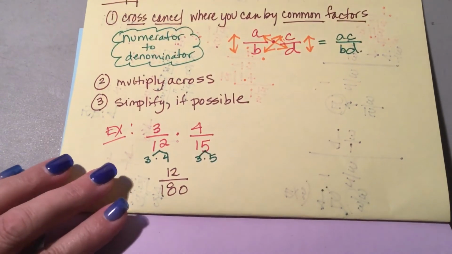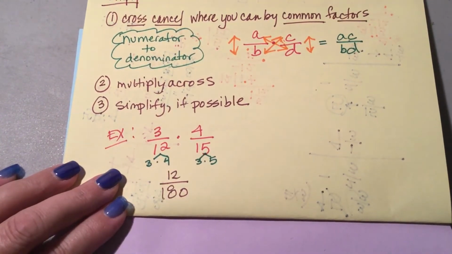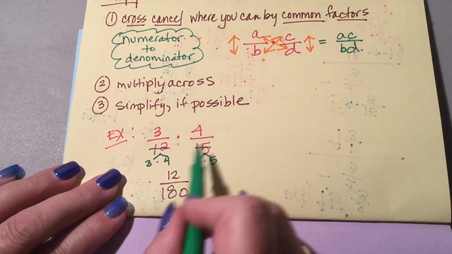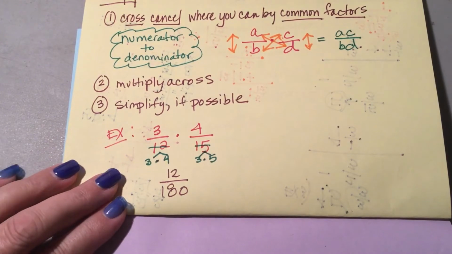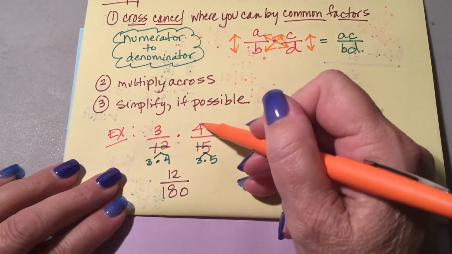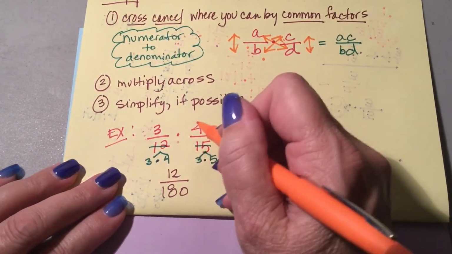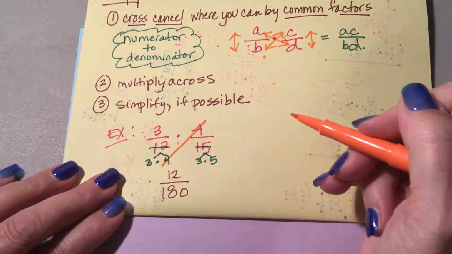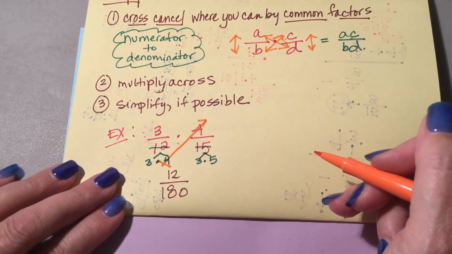So I'm going to use these factors instead of the 12 and the 15, and look for factors that they have in common. Here I have a 4 here and a 4 here. Remember, one from the numerator, one from the denominator. So I can cross those out because 4 divided by 4 is like a giant 1. So that's going to go away.